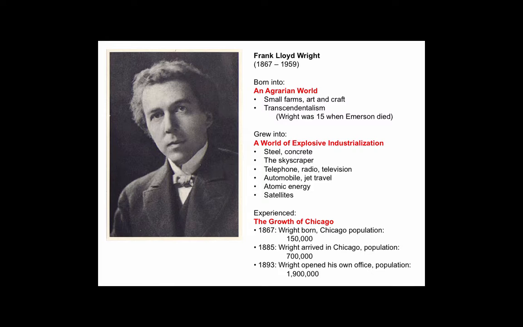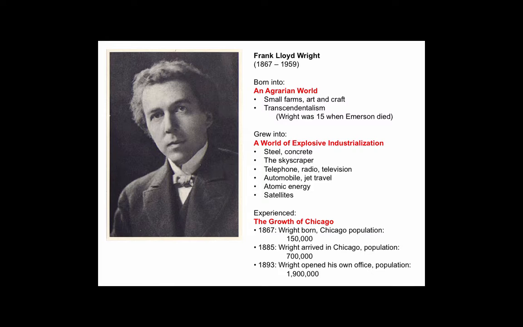Wright was born into an agrarian world of small farms, art and craft, transcendentalism, which we associate with Ralph Waldo Emerson. So Ralph Waldo Emerson was not a past historical figure for Wright. Wright was 15 years old when Emerson died. In other words, he was someone who was alive at his time.